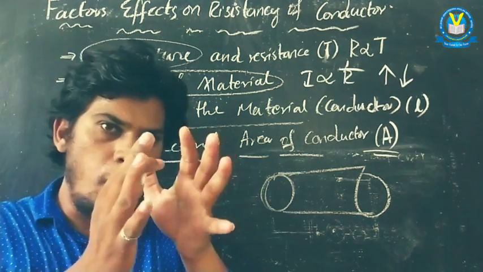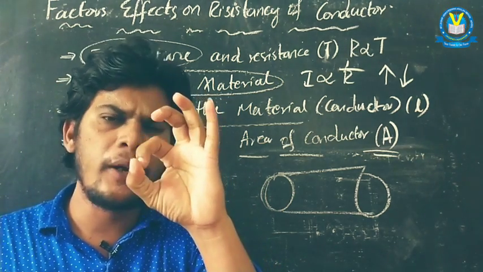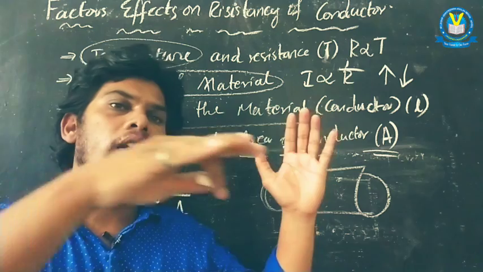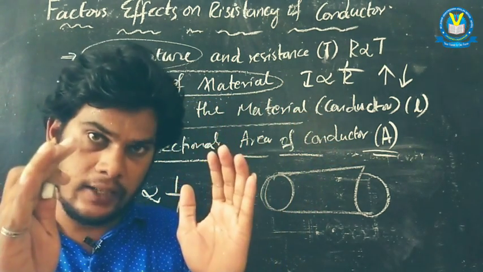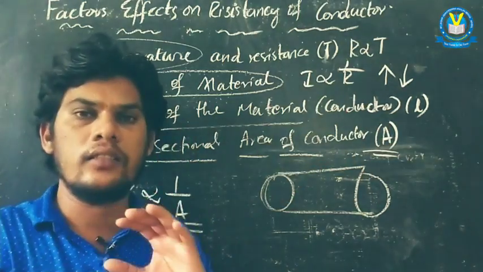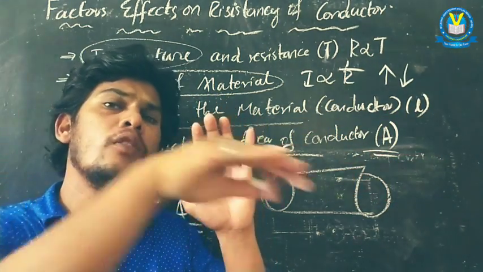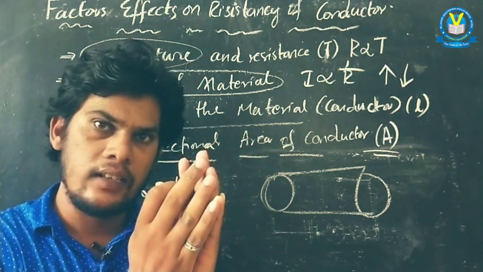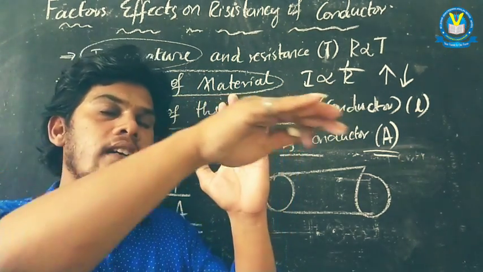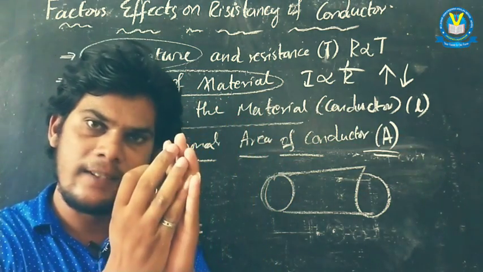We already know wider pipes carry more water, and narrow, small pipes carry less water. Wider pipes carrying more water means wider wires, wider conductors carry more current. Electricity passing more means the resistance is less. That means if the cross-sectional area is more, the flow of electrons is more, so the resistance is less.